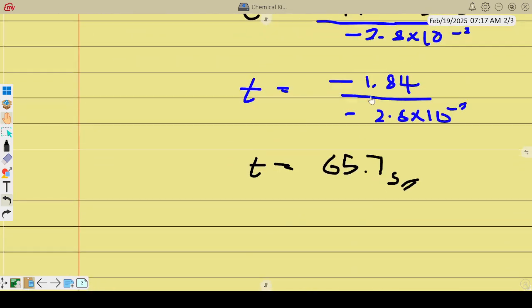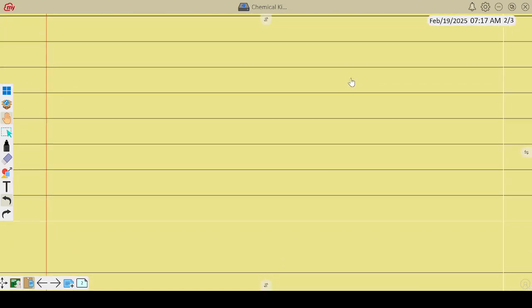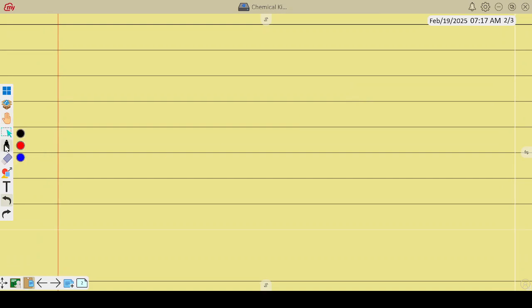And then before we proceed, we'll talk about one thing I forgot to mention when we derived this formula. The first order reaction is given by ln A, so these are concentrations.